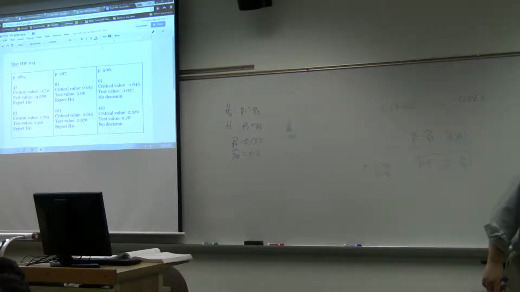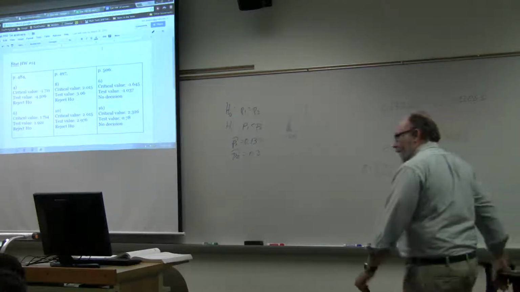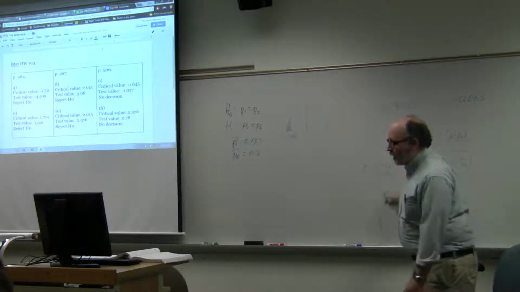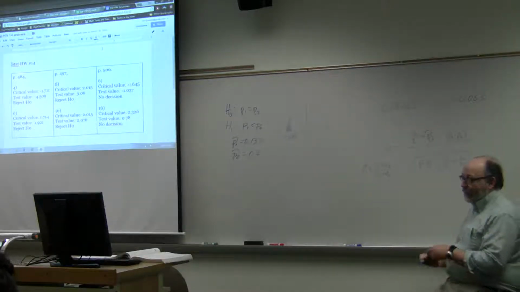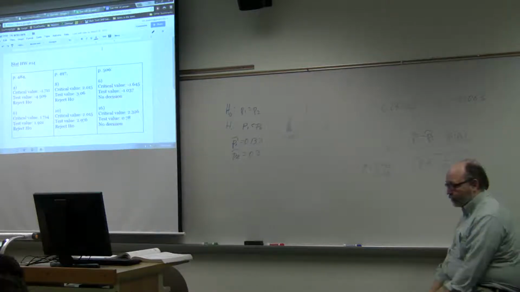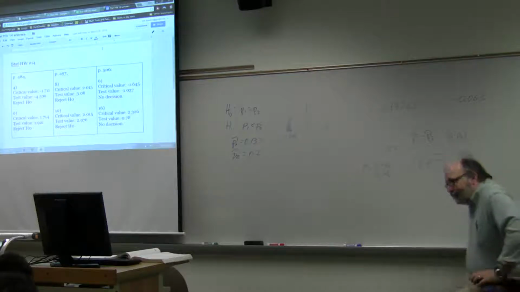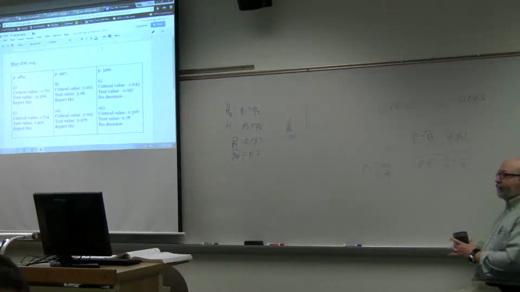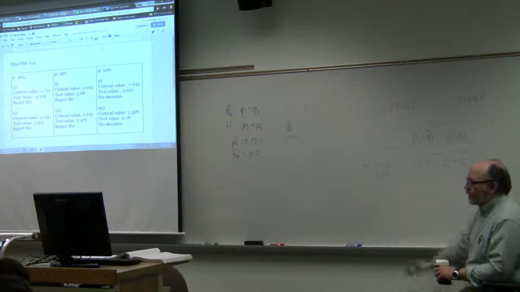Okay, so what's the formula for p-bar? x1 plus x2 over n1 plus n2. So in the problem, what does it say that x and n are for each of these? 73 and 80. Okay, so 73 and 80, are those x or are they n?